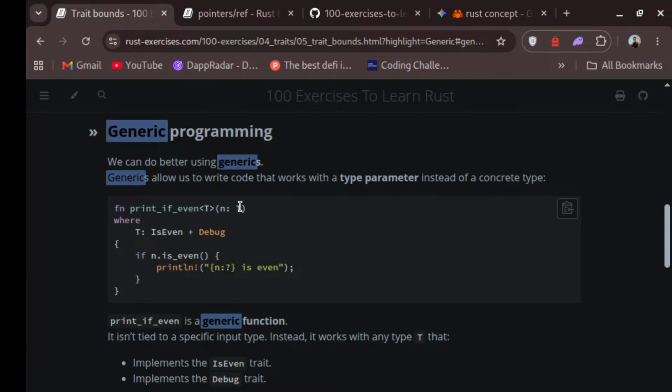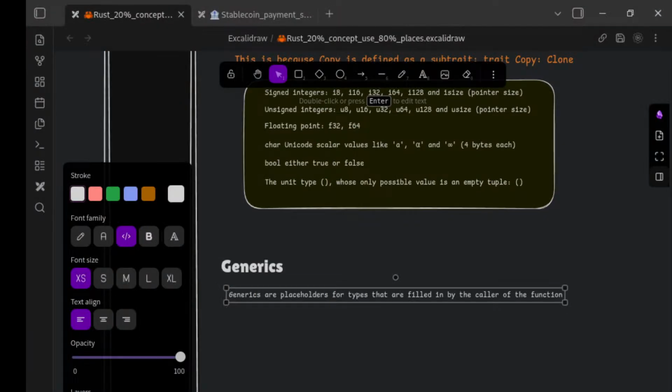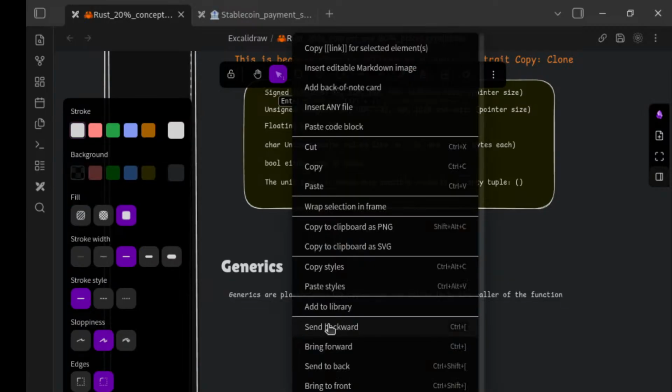This is the generics, and we implement these generics on this input parameter. Here the generics are IsEven plus Debug, and we just print that with Debug. Yes, that is the core concept of generics, and we have already done this part.